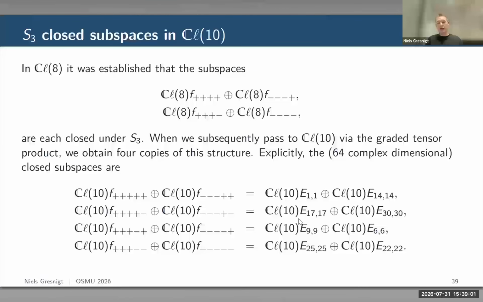And in fact, now we get four closed subspaces under S3, which are listed here. And so this time, each of them is 64 dimensional. Have I got that right? Yes. Because each minimal ideal is 32 dimensional and two minimal ideals form a closed subspace under the S3 action.